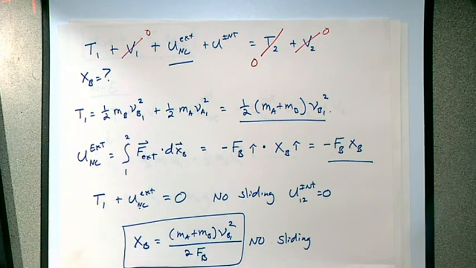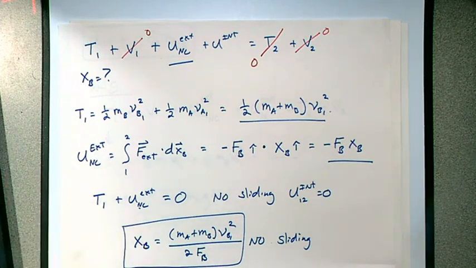In the end, I want to figure out XB. I could have swapped this term out, x of A relative to B, subbed in for XA minus XB. Doesn't really get me anything in the end. I still have to know that distance it slid.